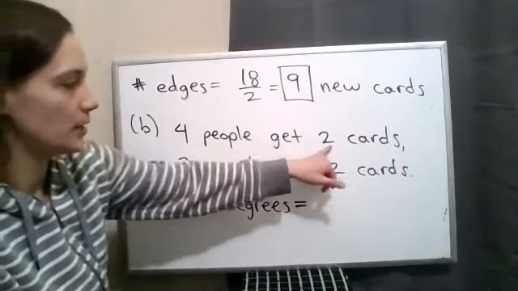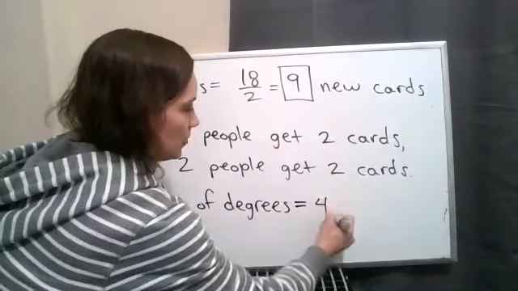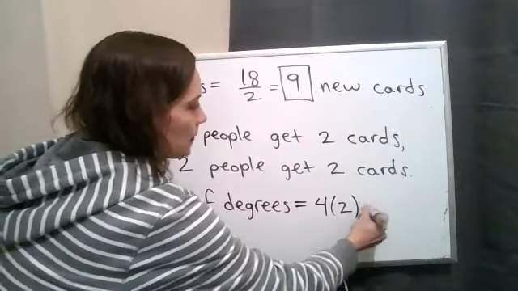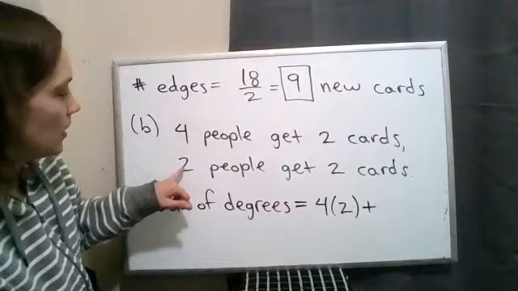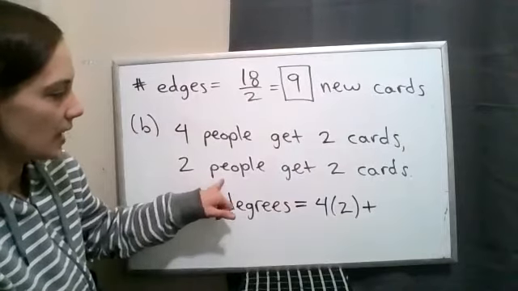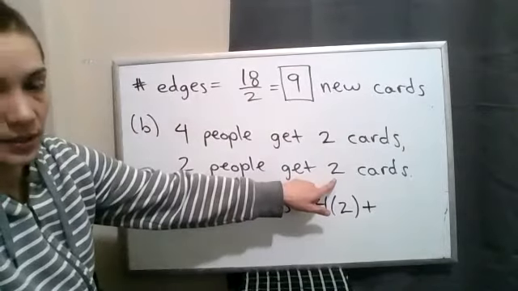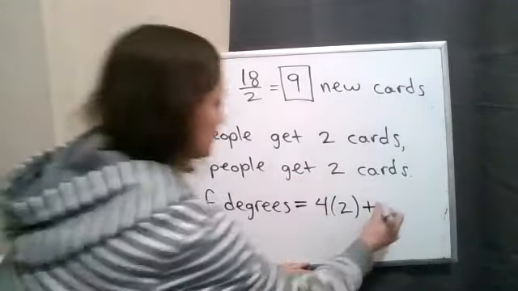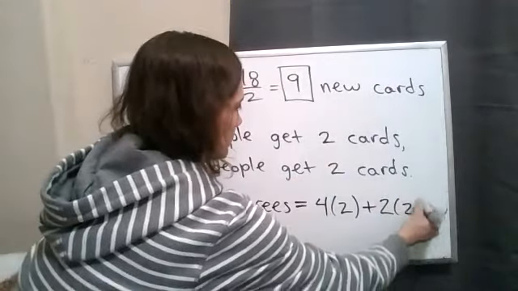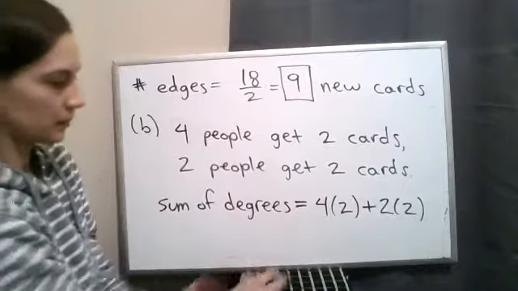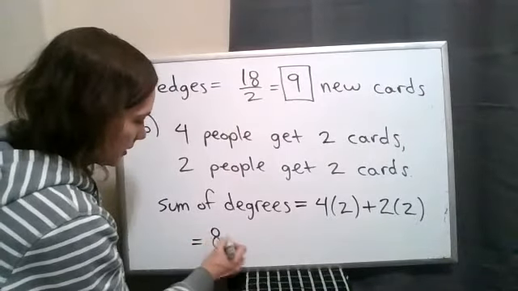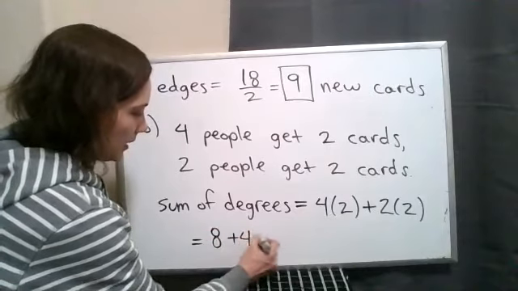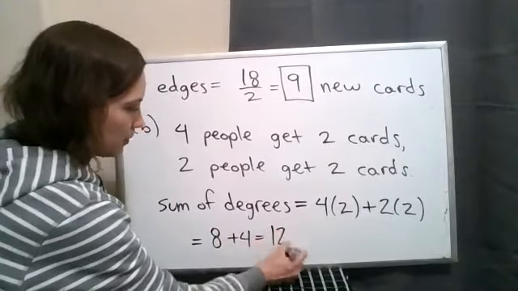So 4 times 2. Add the sum of all of that. 2 people, or 2 vertices, have degree 2. So 2 times 2. 8 plus 4 will be 12. Cool.